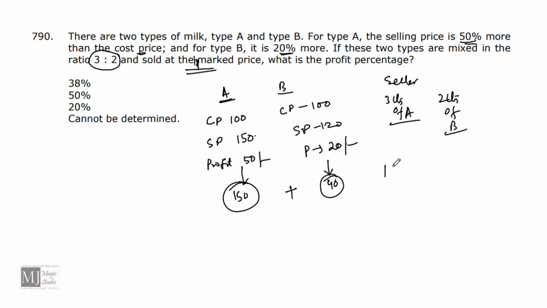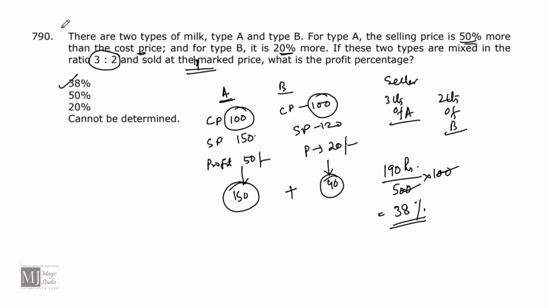So his total profit is 190 rupees on how much? 3 liters cost price would be 300 and 2 liters cost price here would be 200, on rupees 500. So overall percentage would be 38%.